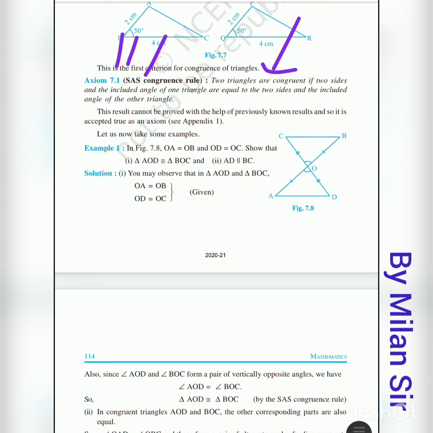Okay, two triangles are congruent if two sides and the included angle of one triangle are equal to the two sides and the included angle of the other triangle.